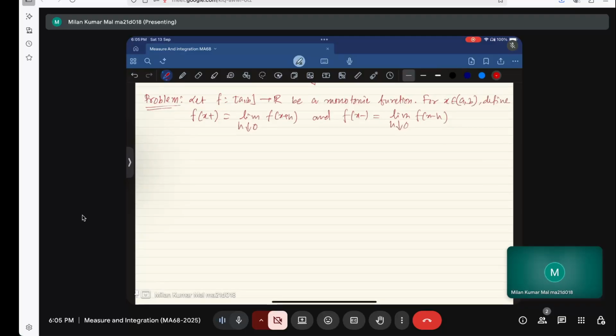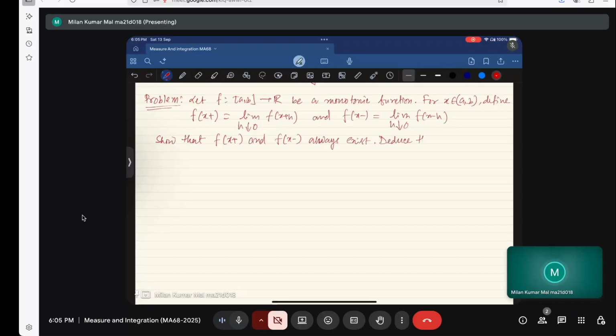f(x+) and f(x-) at a point x belonging to the open interval (a, b). The question is to show that f(x+) and f(x-) always exist.